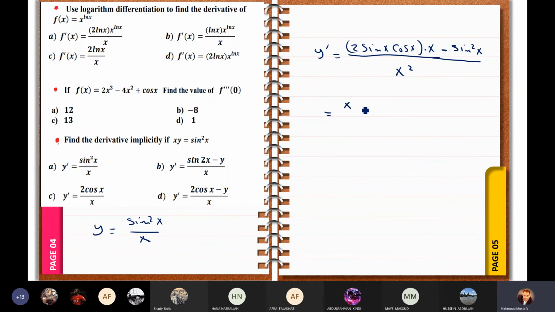This one is x times sine 2x, since 2 sine cosine is sine 2x, minus sine squared x over x squared.